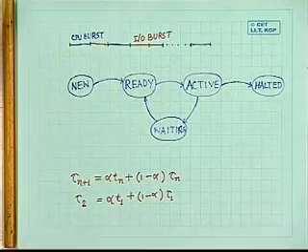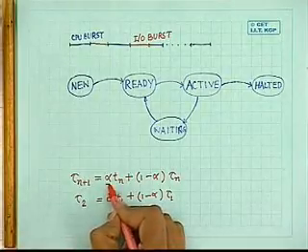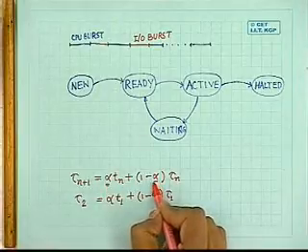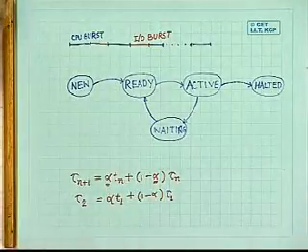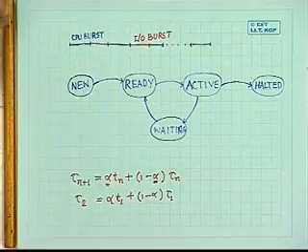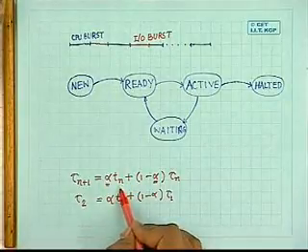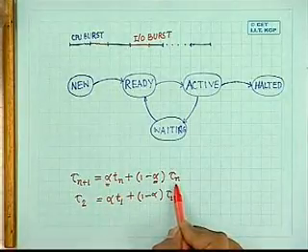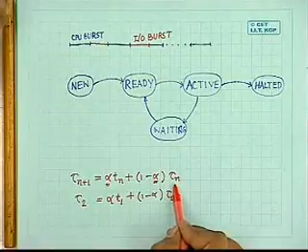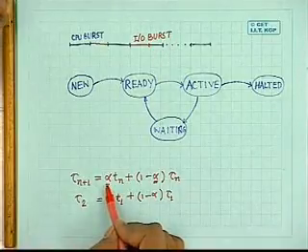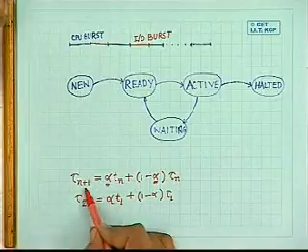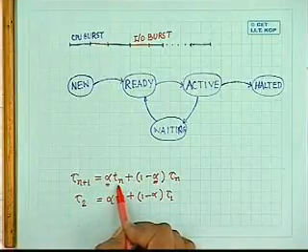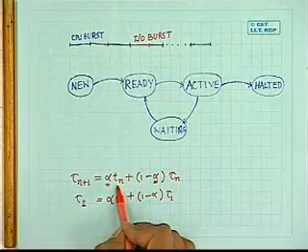Okay. Now find that this parameter alpha tells you how much weightage you want to give to the immediate past and how much weightage you want to give to the past history of the job. So if alpha equals 1, then your predicted next CPU burst time is always the same as the immediate past CPU burst time.